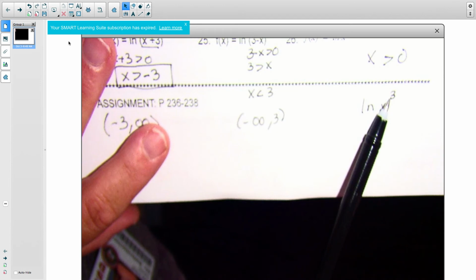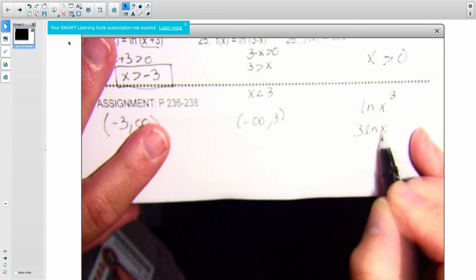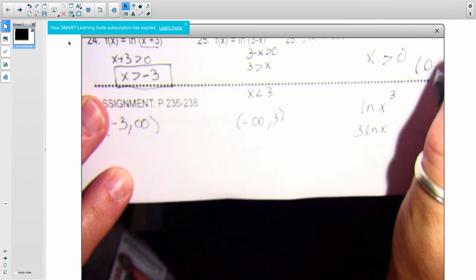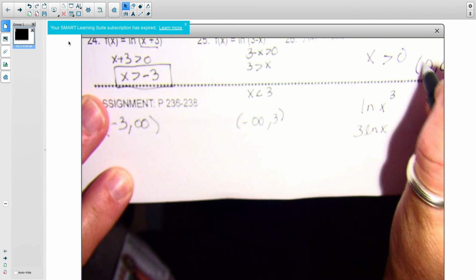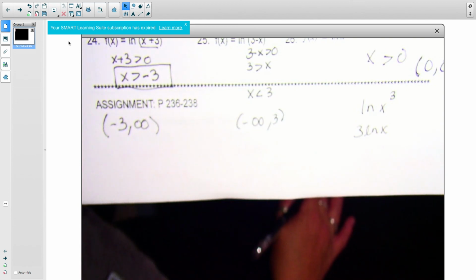What can you do with that exponent? The exponents can come in front for natural log and logs. It's one of those rules from Algebra 2. So it's just 0 to infinity. Questions?